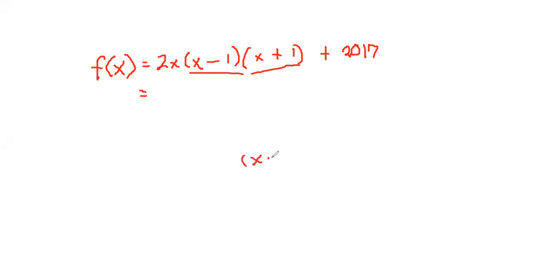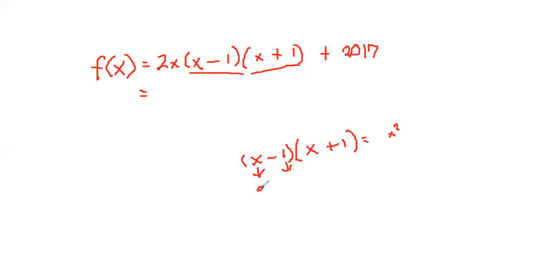So kapag nagkaroon tayo ng x minus 1 times x plus 1, equal siya sa x squared minus 1. Diba ito A, ito B?